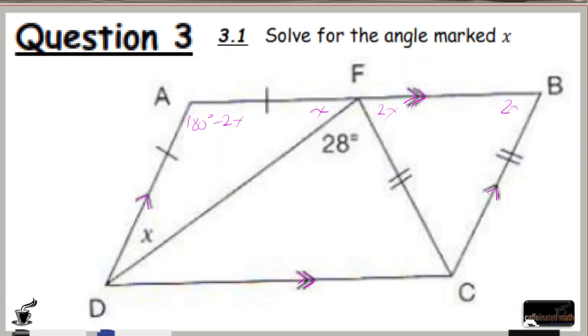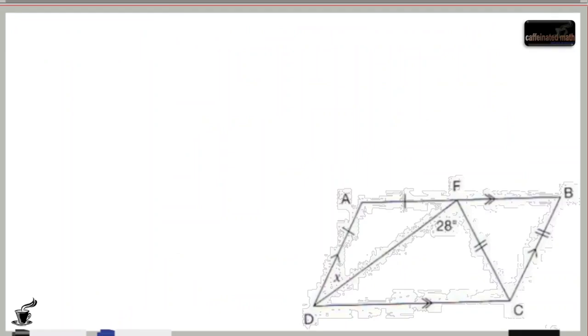That's also going to be 2x. This is slightly fun. That's going to be 2x. Yeah, this makes sense. Anyway, let's see what they want from us. Solve for the angle marked x. Let's see, did I leave space for the solution? Yes, I did. Okay, well, let's get to it.